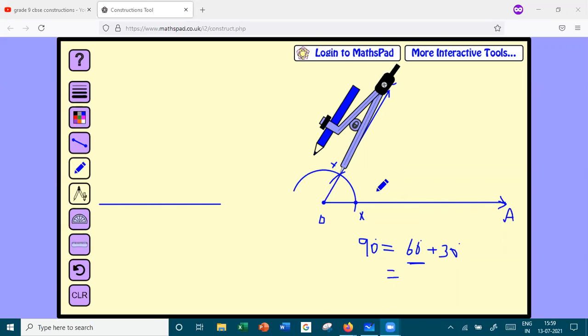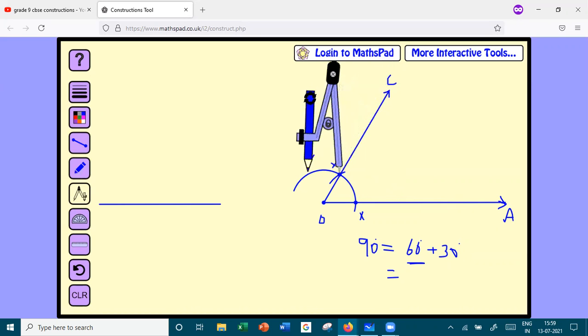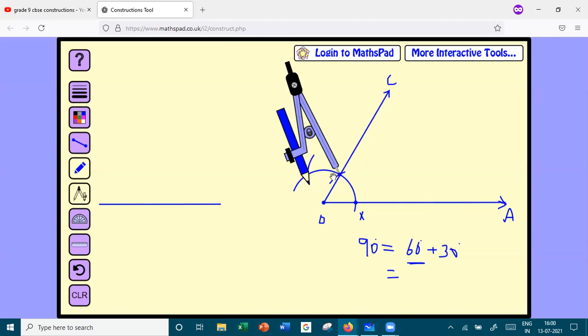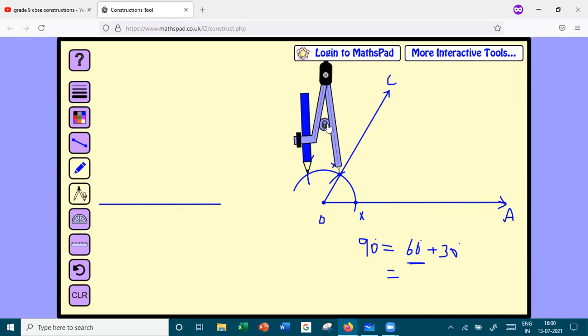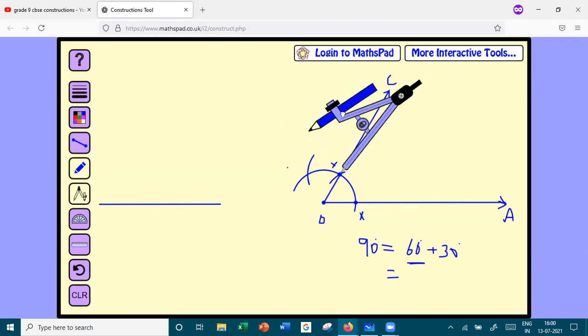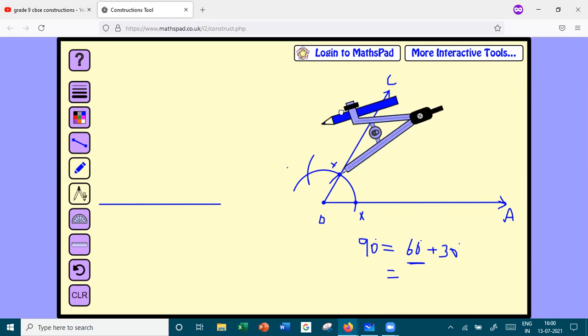Not to worry. Okay, so I have kept the radius same as XY and I am now cutting an arc here, right? And now what I will do is I will be bisecting this. So again, you can keep the same radius or you can increase it. Let me increase it a little bit. I have increased it a little bit and I'm going to bisect this.